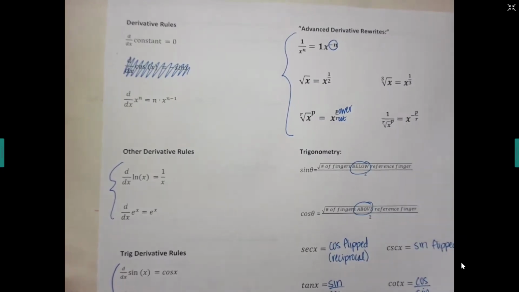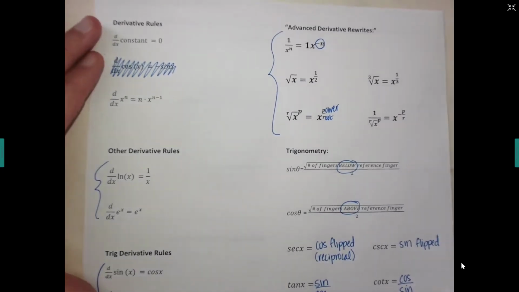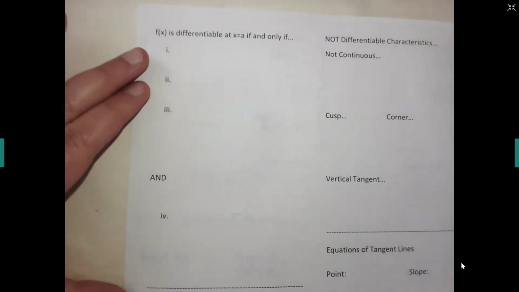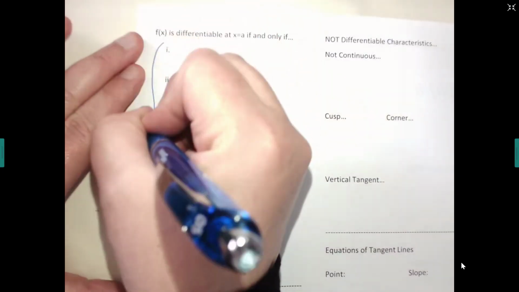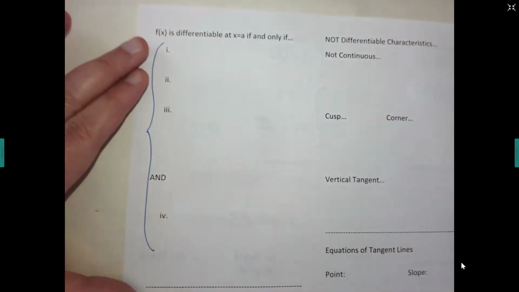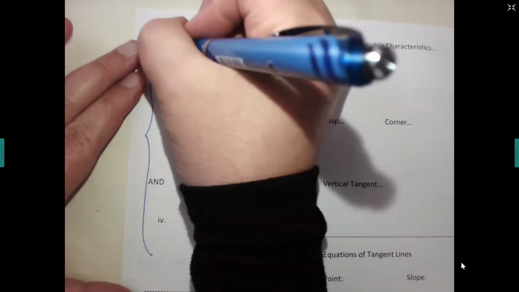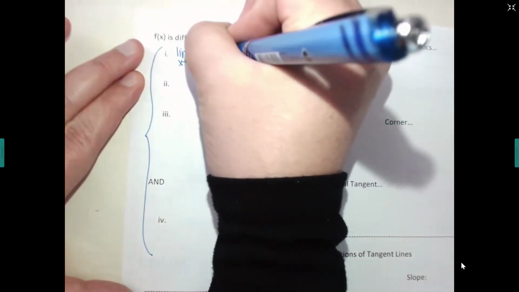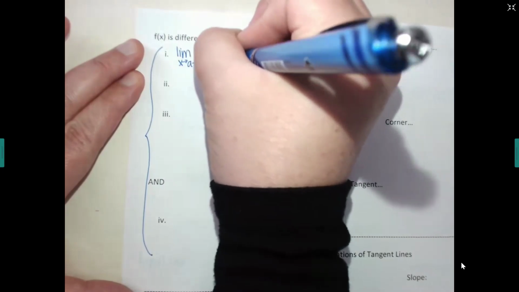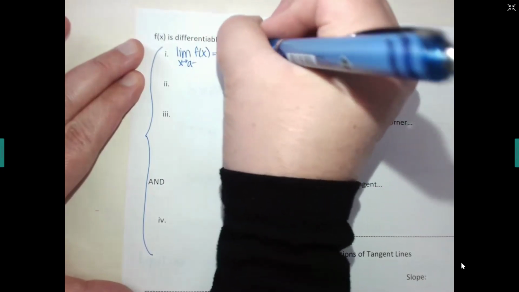Okay, backside. Like I said, sorry, I meant this star to be filled in, but I forgot. So let's write them down. To check if something is differentiable, the first thing it has to be is continuous. So your limit as x approaches a from the left needs to equal your limit as x approaches a from the right.